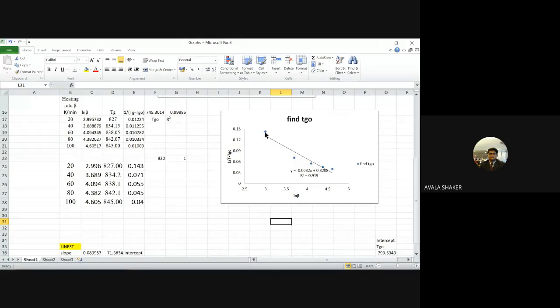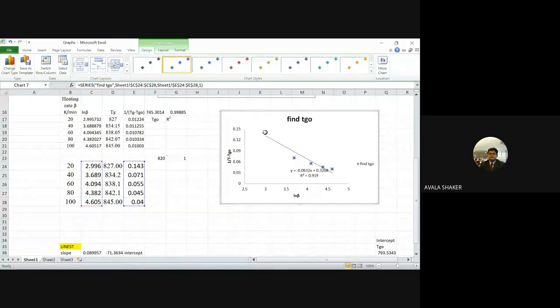Suppose we don't plot this point. Then the whole function will be changed. That's the first point, right?